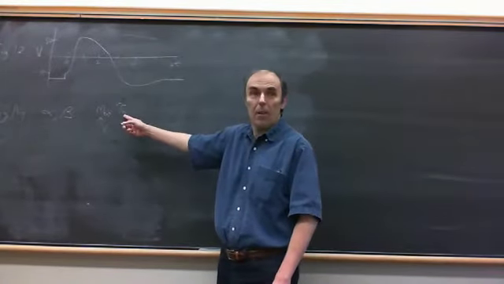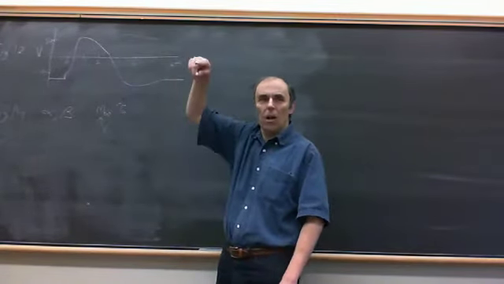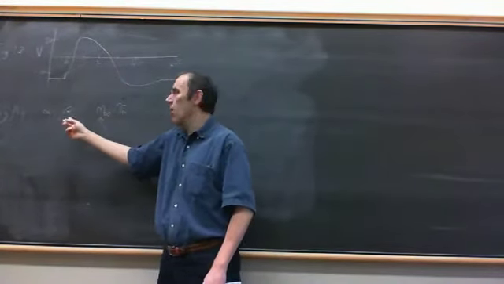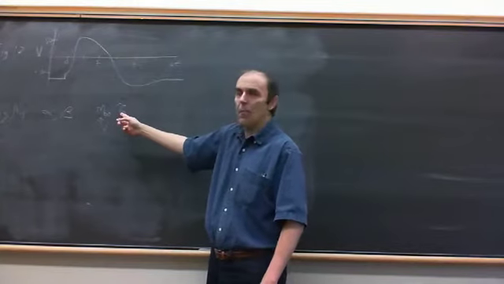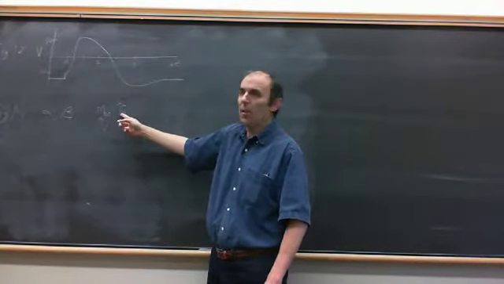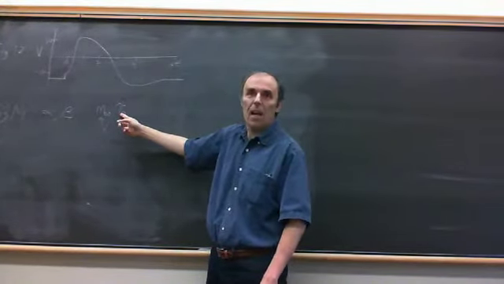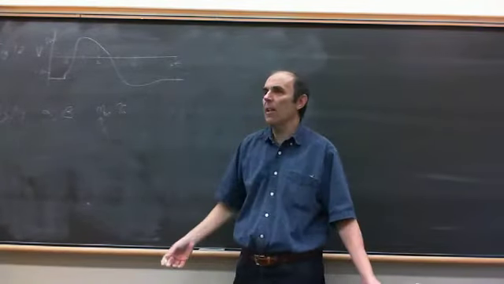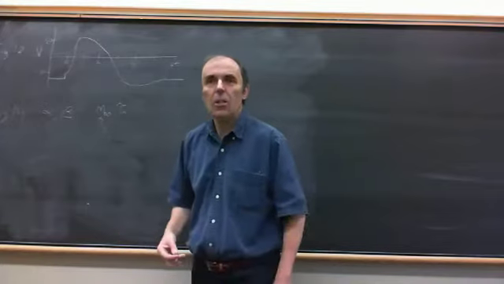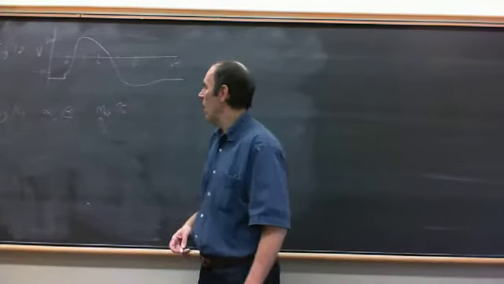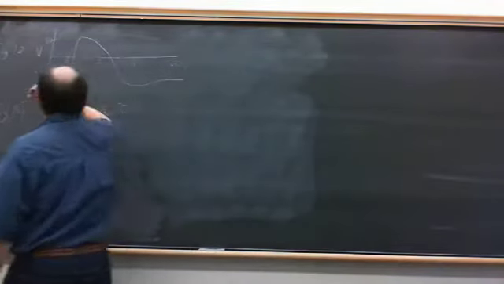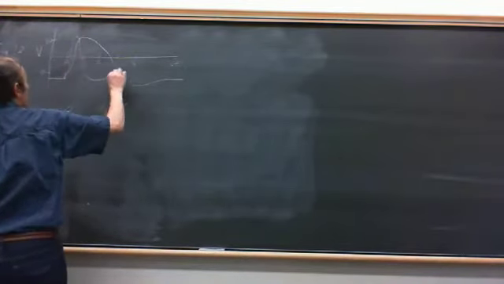However, tau M was 1 over alpha plus beta. So if alpha and beta increase with temperature, tau M will decrease with temperature. Actually, yeah, tau M is a time constant, so things happen faster. So when they calculated the action potential at different temperatures, they found that you get essentially the same shape, but it happens a lot faster.